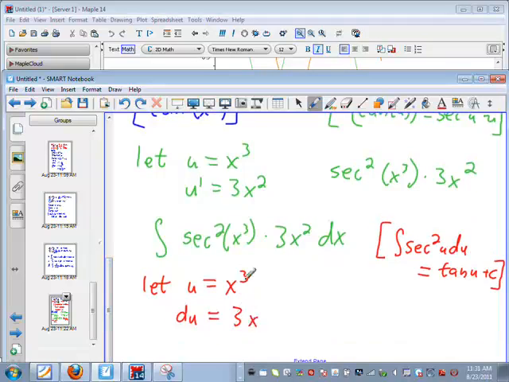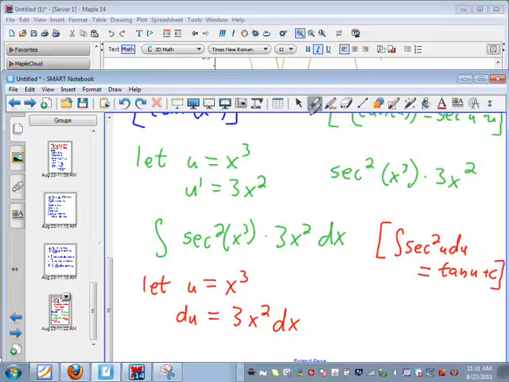Okay, so the derivative of x cubed is 3x squared dx. Now we're calling this the substitution rule for a reason. The whole point is to substitute all of this into this to make it look like this so that we can write the answer.